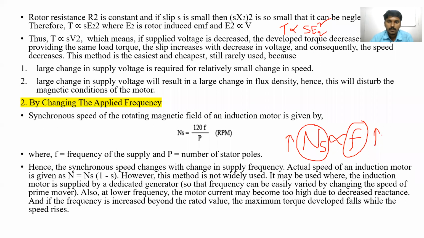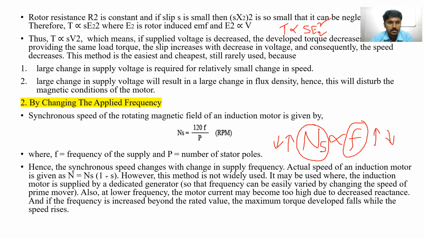If the supply frequency decreases, the synchronous speed also decreases, and the motor speed also decreases. In this way, by changing the supply frequency, we can control the speed of the three-phase induction motor. This is one method for controlling the speed of the three-phase induction motor. These are the conventional methods.